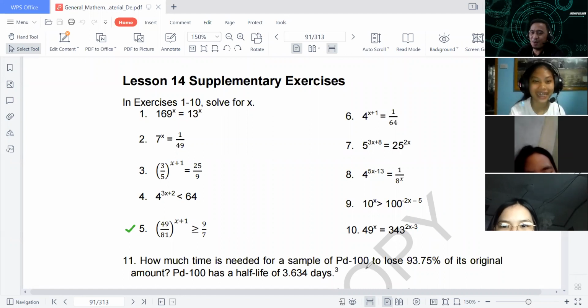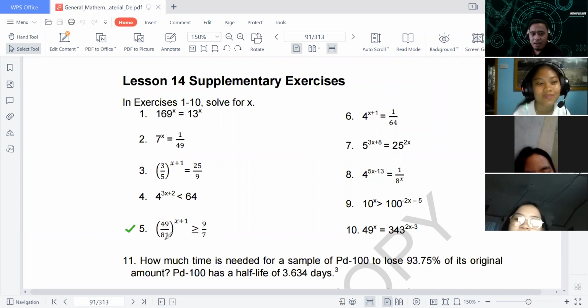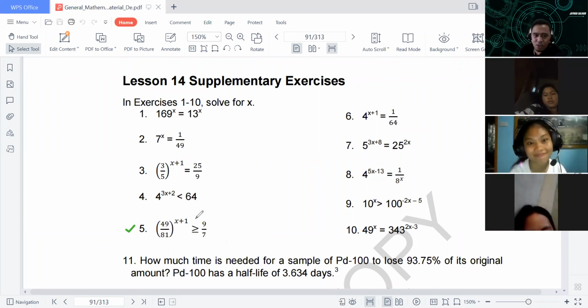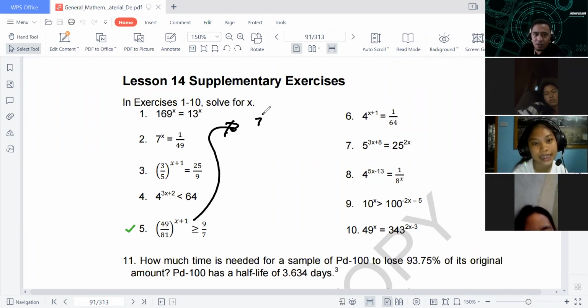There is a problem there. Do you see anything? 49, that is 7 squared, right? Yes, sir. And this 81 is 9 squared. So that portion can be written as 7 squared and this is 9 squared.